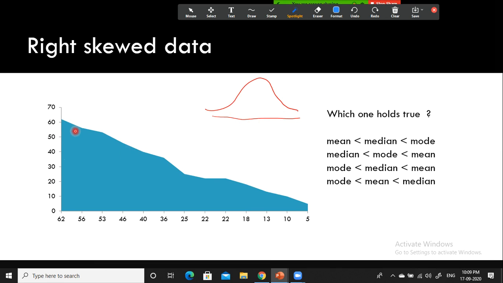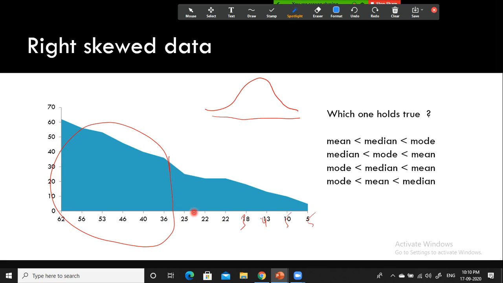But when it comes to this data, the majority of the data are falling here only. And only a few of the data are out there. So only 10 customers spent very high, like 38, 43, 50, 55, something like that.